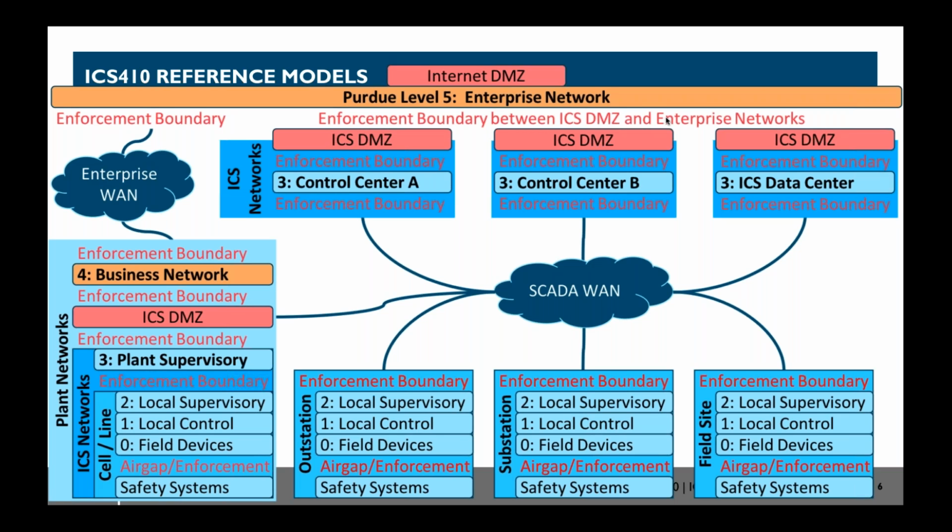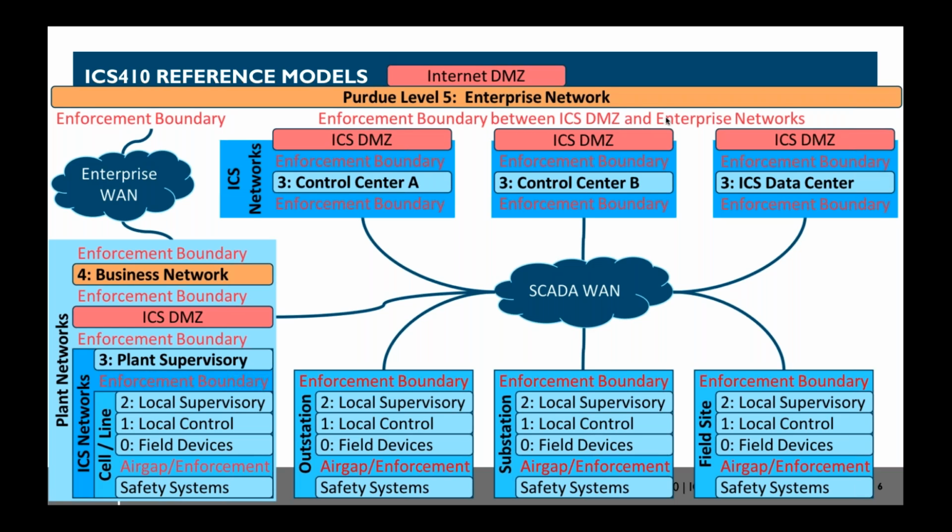That was one of the big updates I did for ICS 410 this time: I wanted to provide better visibility and understanding of what our control centers could look like if we had strong internal boundaries inside of our network. So we can go ahead and look at this diagram. This is the high-level diagram of a medium to large organization that may end up having many different plants.